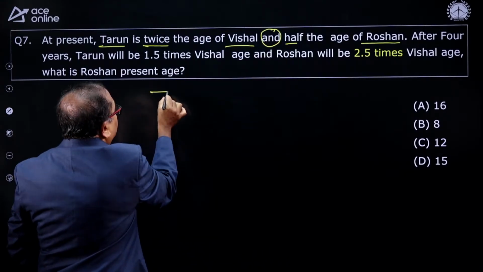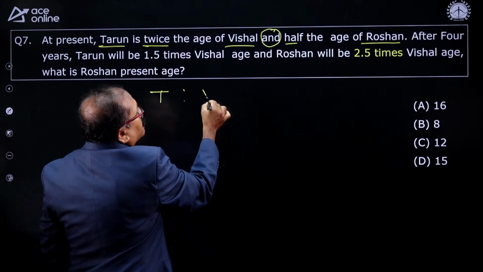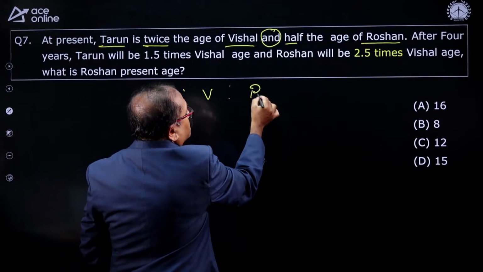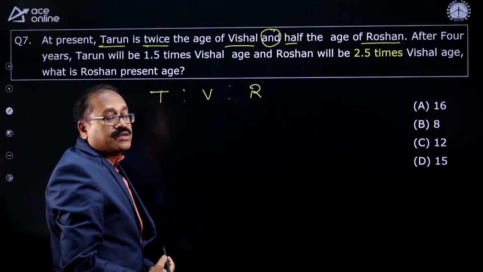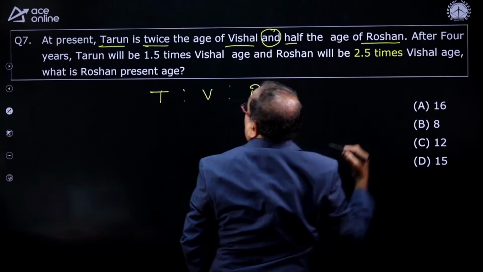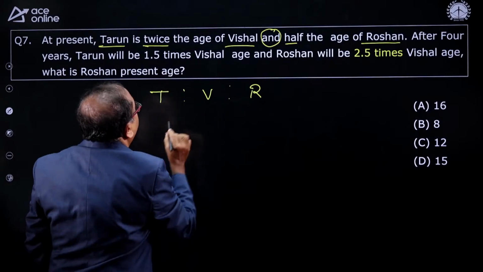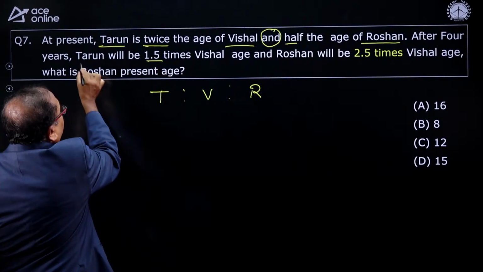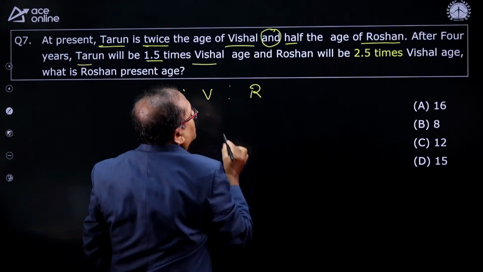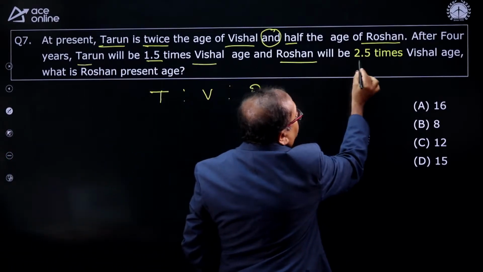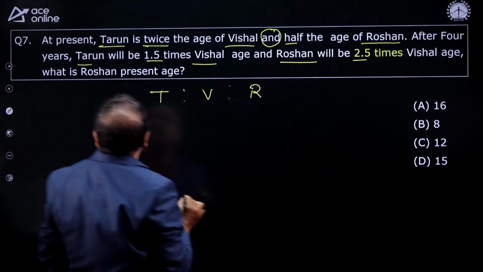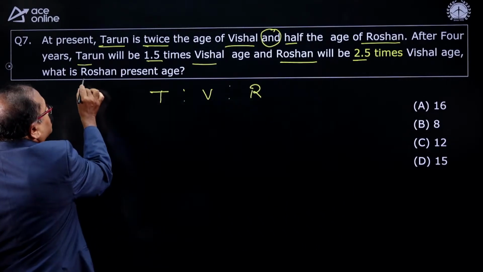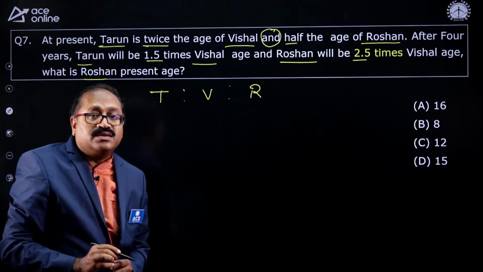So we have the age ratio of Tarun, Vishal and Roshan. After 4 years, Tarun will be 1.5 times of Vishal and Roshan will be 2.5 times of Vishal's age. What is Roshan's present age?